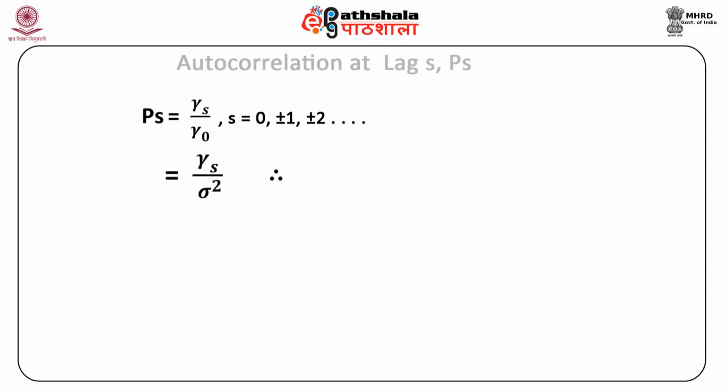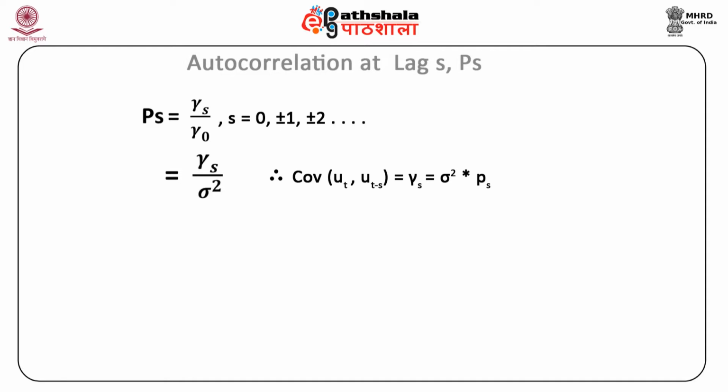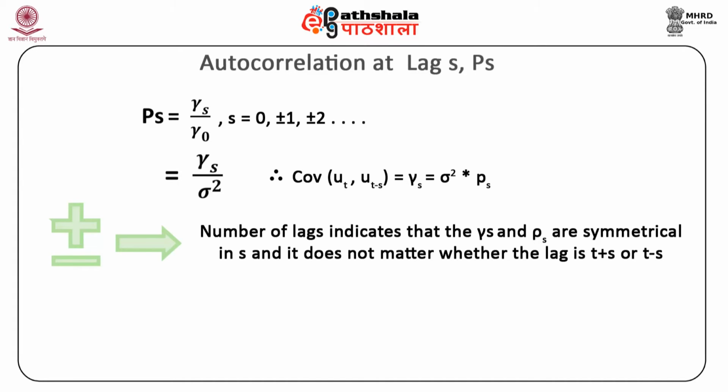Now this is equal to gamma_s upon sigma squared, because as we said earlier, gamma_0 is equal to sigma squared. Therefore, the covariance of u_t and u_(t-s) is equal to gamma_s, which is equal to sigma squared times rho_s. The plus or minus symbol before the number of lags indicates that the gammas and rhos are symmetrical in s, and it does not matter whether the lag is t plus s or t minus s.